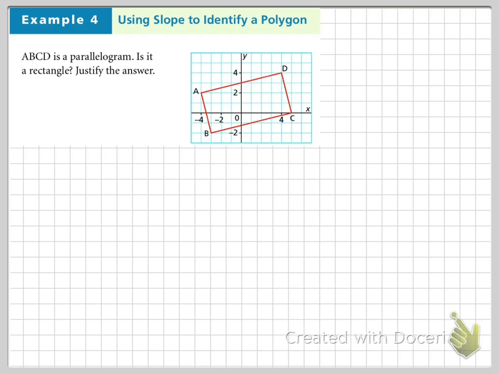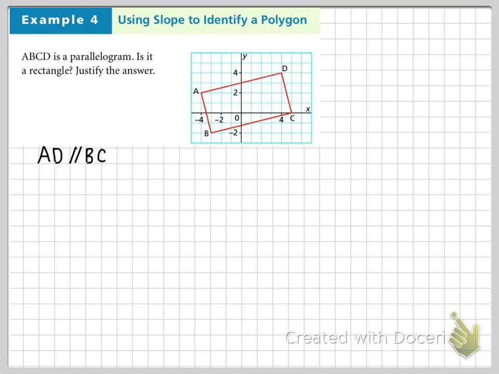Number 4, using slope to identify a polygon. ABCD is a parallelogram. Is it a rectangle? And justify your answer. Well, because it's a parallelogram, we know, first of all, that AD, the line segment A to D, has to be parallel to BC.